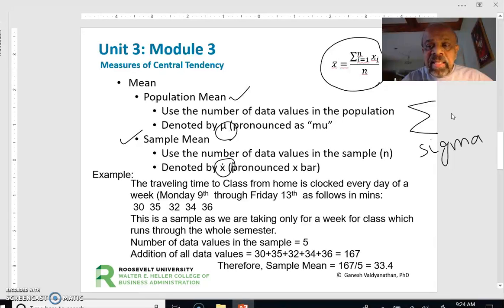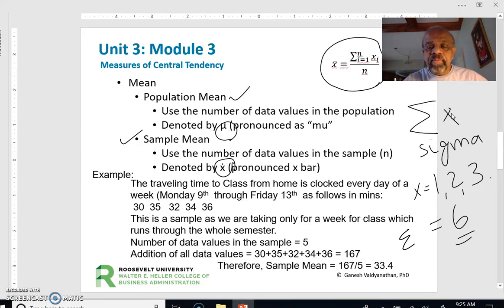So when I say sigma of x, that basically means any value of x I'm going to add. So if I have x is equal to 1, x is equal to 2, x is equal to 3, sigma of x is going to be equal to 1 plus 2 plus 3, which is 6. That is what is sigma of x.